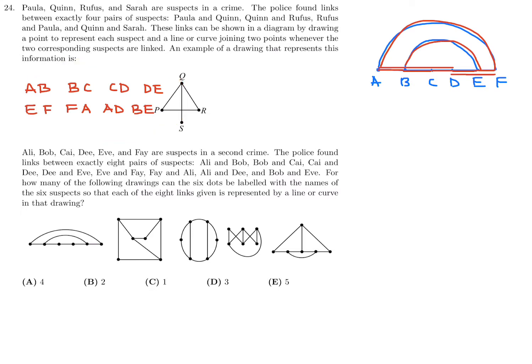The only time there should be a connection is when there's a link between 2 suspects. If F is connected to D on this graph, it should be listed here, but Faye and Dee are not linked as suspects. So this graph, although it seems that it works out for these, also has extra links that are not present in the police investigation. So that means this one, no good.